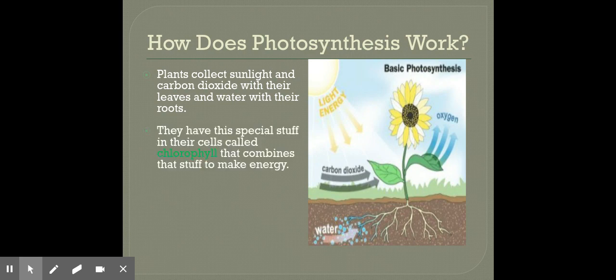They have special stuff inside their cells called chlorophyll. Remember the word chloroplast from a couple days ago? It sounds very similar to chlorophyll, and that is where photosynthesis happens. Plants release oxygen as waste. I love plant waste. So, in order for us to breathe, plants have to release oxygen.